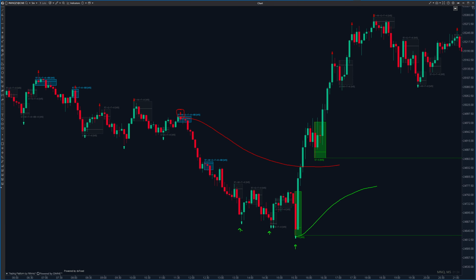This was the pullback. This is the pullback. And you can actually use, I will show you a simple method, which is obvious, or you can actually use 4+2 indicator, which is also free.